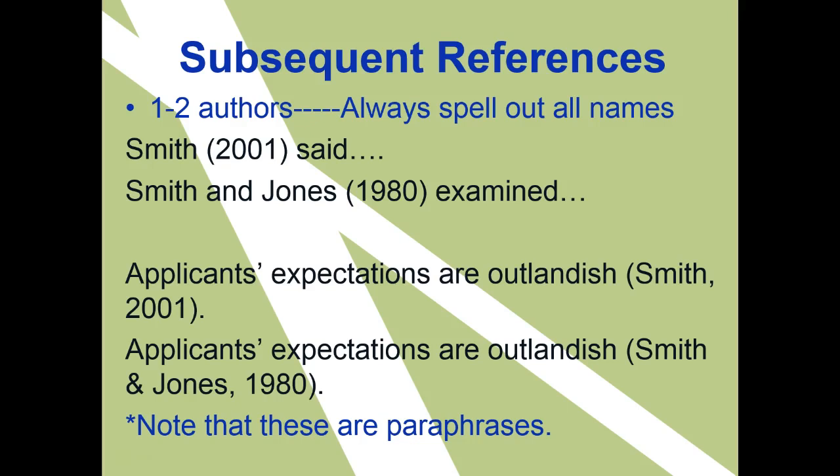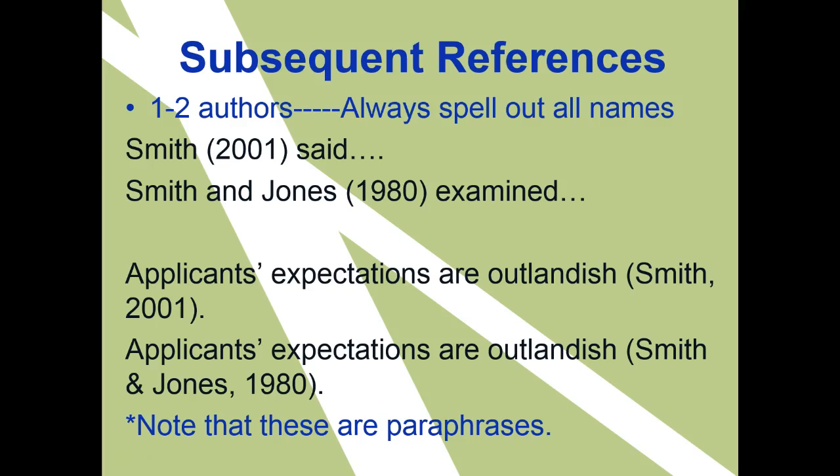Smith and Jones 1980 examined. So that's always true. It's true of the first time you cite them, the second time, the third time, up until the millionth time you cite them. With one or two authors, the authors' last names are always cited.